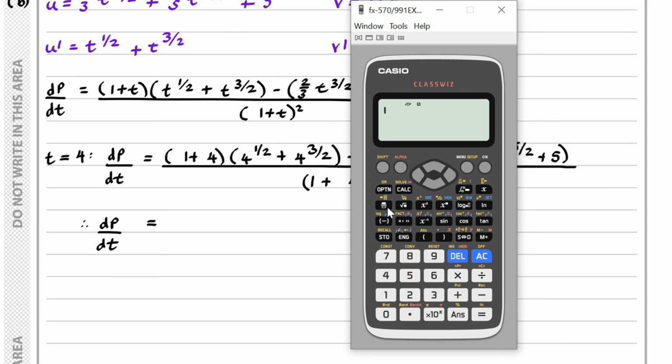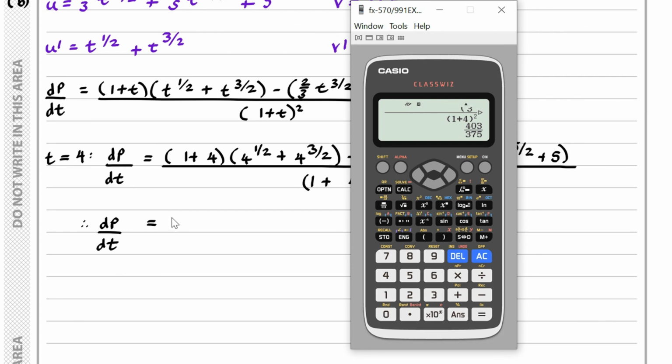So we have here 1 plus 4, lots of 4 to the power of 1/2 plus 4 to the power of 3/2 minus 2/3 times 4 to the power of 3/2 plus 2/5 times 4 to the power of 5/2 plus 5, all over 1 plus 4 to the power of 2.